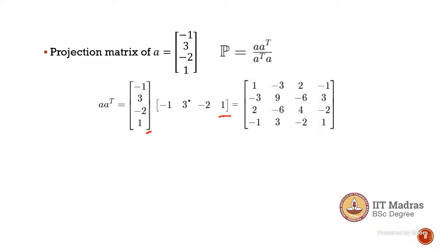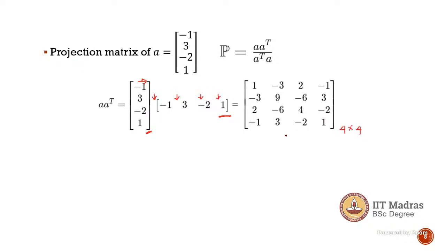So I can simply multiply: minus 1 into minus 1 is 1, minus 1 into 3 is minus 3, minus 1 into minus 2 is 2, minus 1 into 1 is minus 1. Likewise, you do the same for each element with all these columns, so you get a 4 cross 4 matrix.